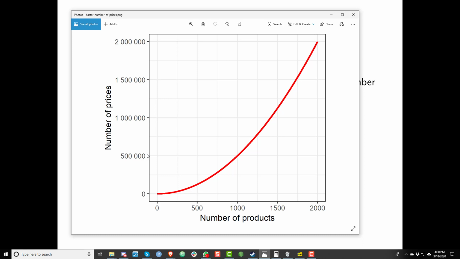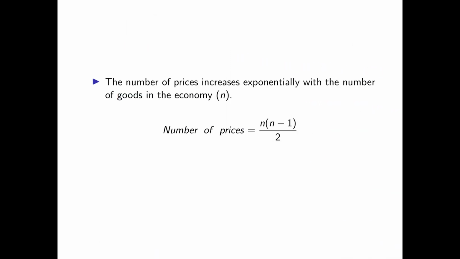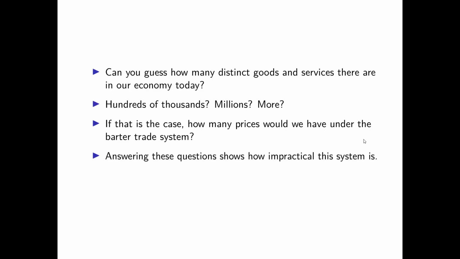You have many other products. So it is basically impossible to monitor all these goods and all these prices and all these interactions. It is very complicated. Using a monetary system, well, we just have one price for one product. So if the product loses value, then that price for the product decreases. And that's really what we need with money.